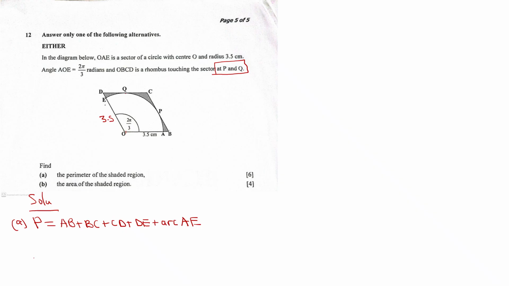So from Q, come down all the way to O. Remember, a line from the center to the circle or to the sector, and it is also from the center to the point Q. So that line is also the radius.